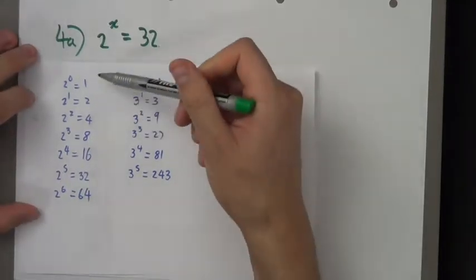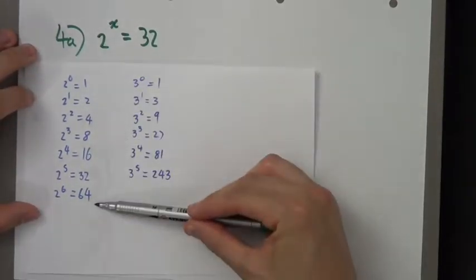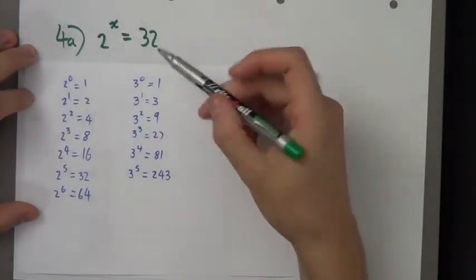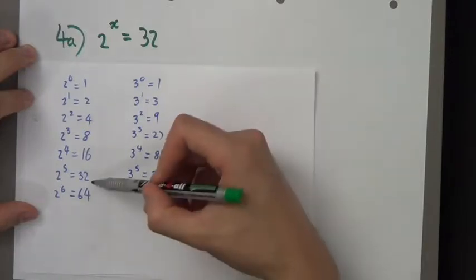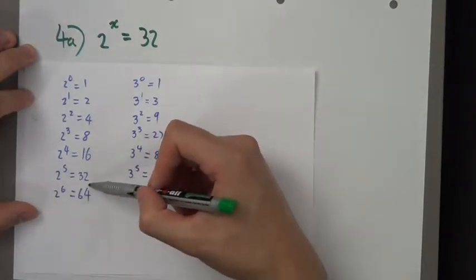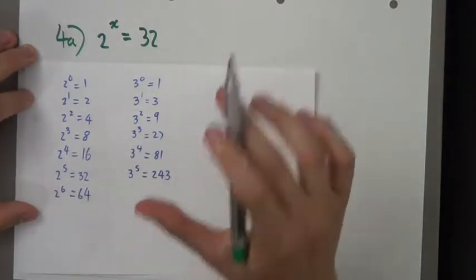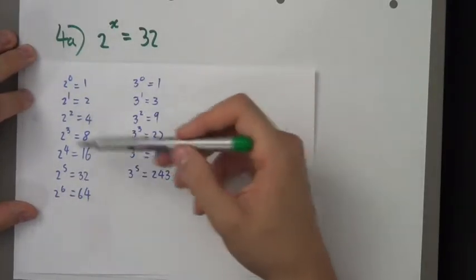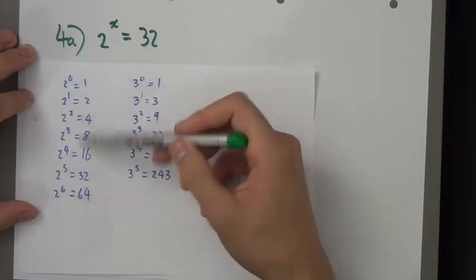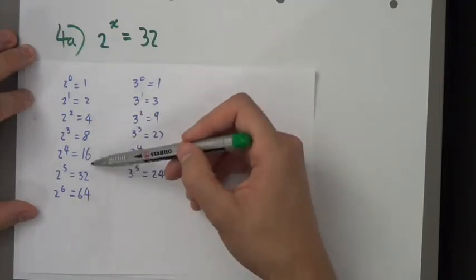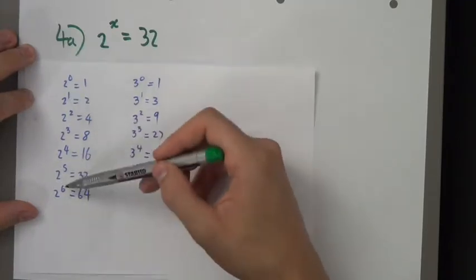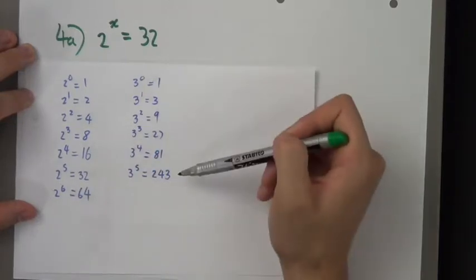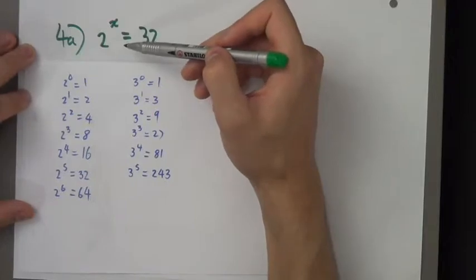Now, if I look at this list of numbers and I look at the question, can I see a 32? Yes, I can. 2 to the power of 5 is 32. This is the reason why it's worth either memorizing or just knowing the numbers that 2 to the power of up to 6 gives and 3 to the power of up to 5 gives, because then it can make your life easier.